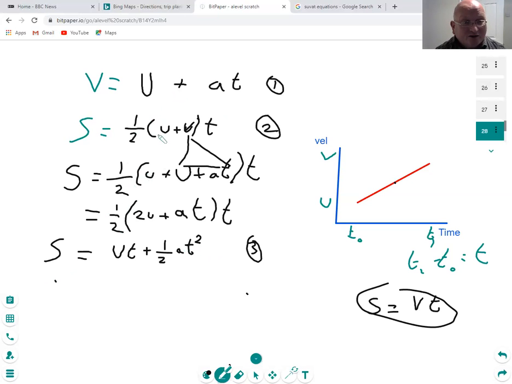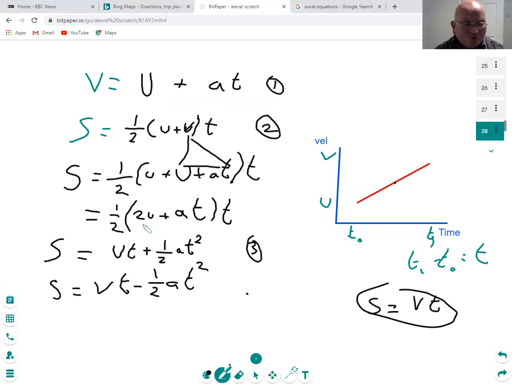I could have rearranged this one at the top to be u equals, substituting there, and then we end up with s equals vt minus half at squared. You might want to just do that rearranging yourself. It's rearranging the formula in GCSE style. And you end up with that.